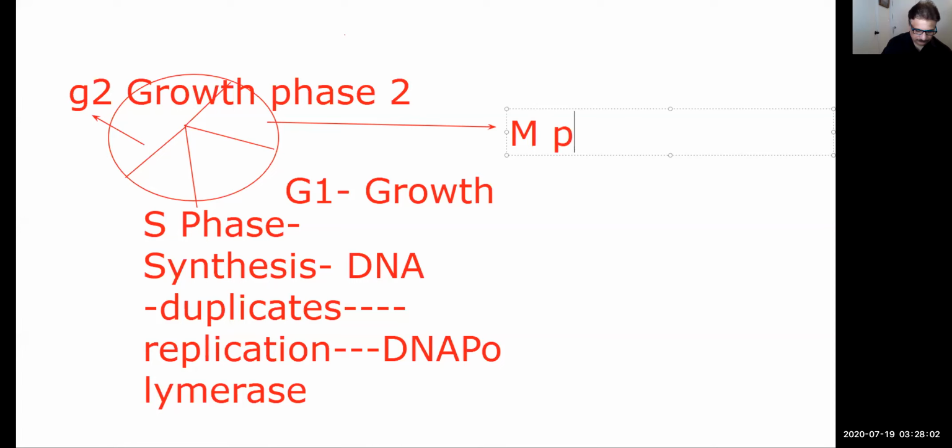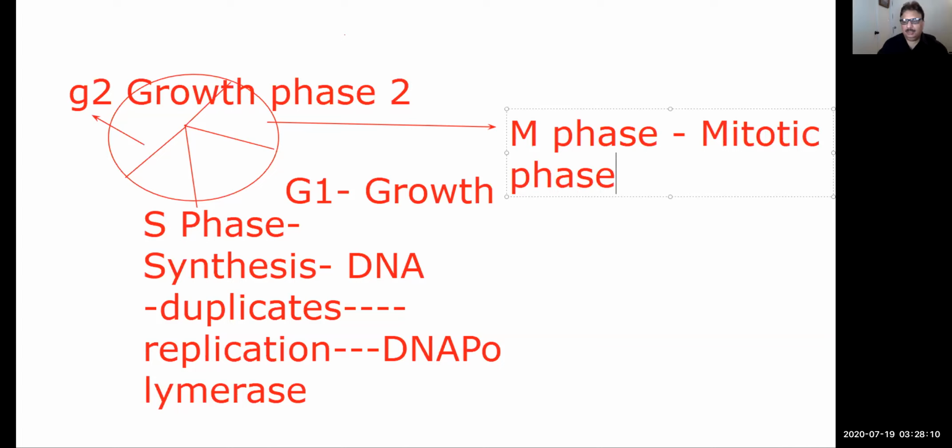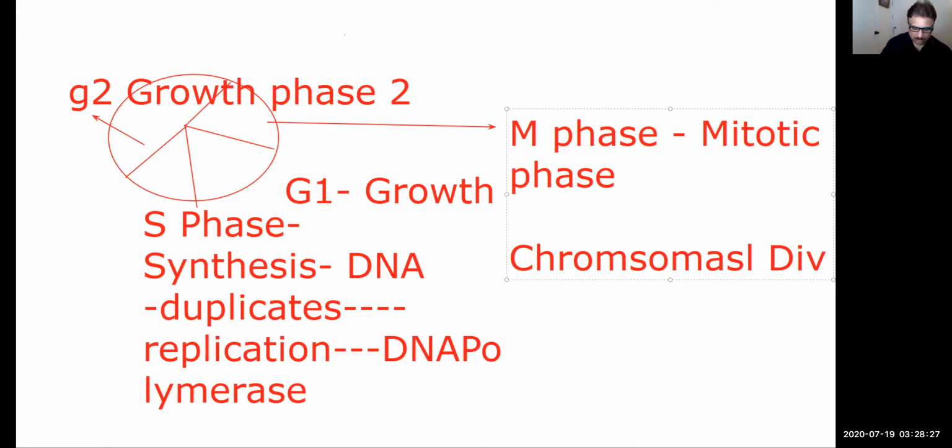In the mitotic phase, the chromosomes which have duplicated in the S phase undergo chromosomal division. And this mitotic phase leads to formation of finally 2 daughter cells.